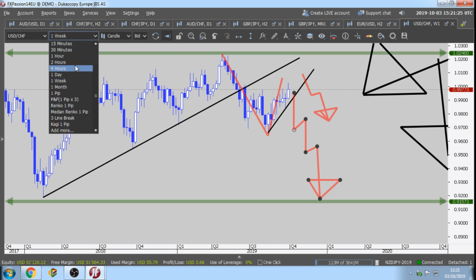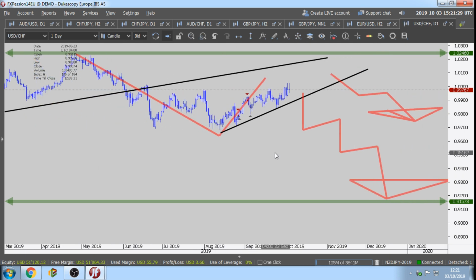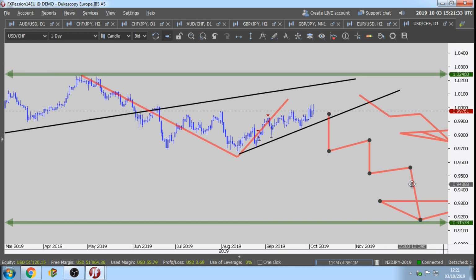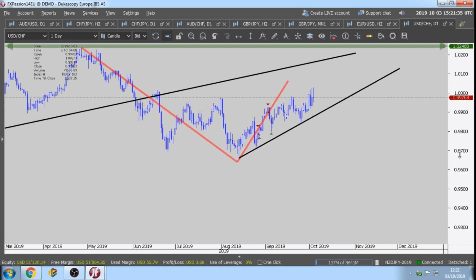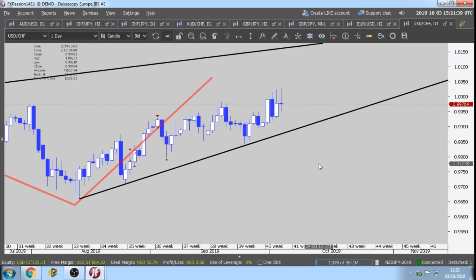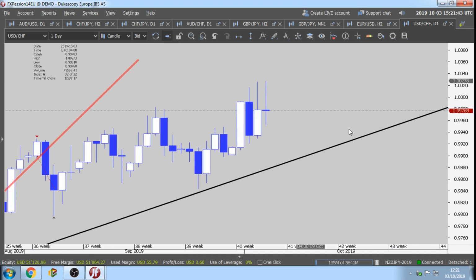And let's move on to the daily chart. Daily chart, let's see. I'm going to delete this arrow. Okay. Everybody, what did we learn in the past 2 weeks? What is this?